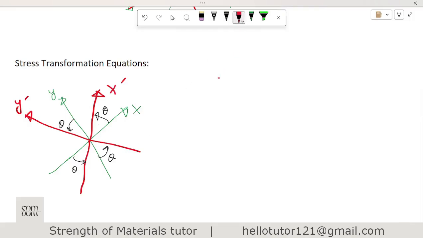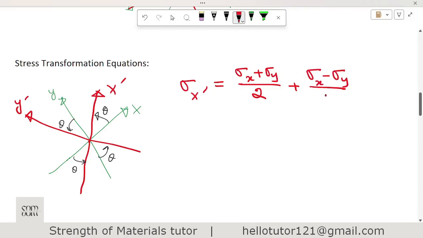Then we have sigma x prime is (sigma x plus sigma y) by 2, the sum of the stresses along one coordinate system divided by 2, plus the difference, (sigma x minus sigma y) by 2, times cosine of 2 theta, plus tau xy sine of 2 theta.